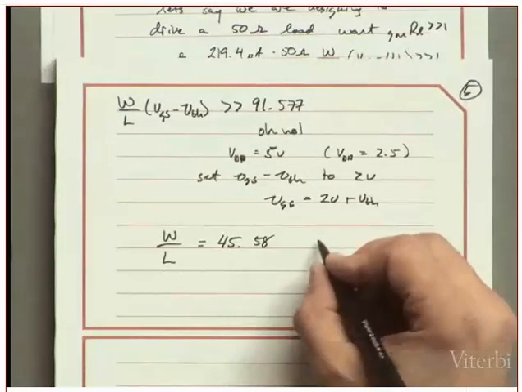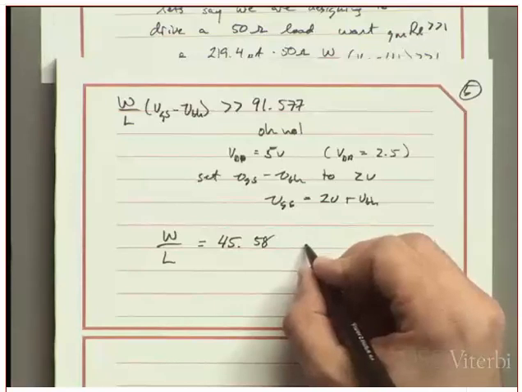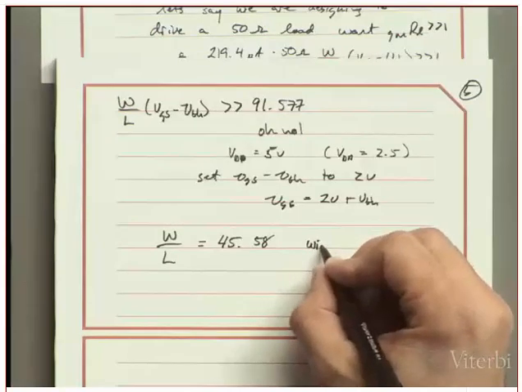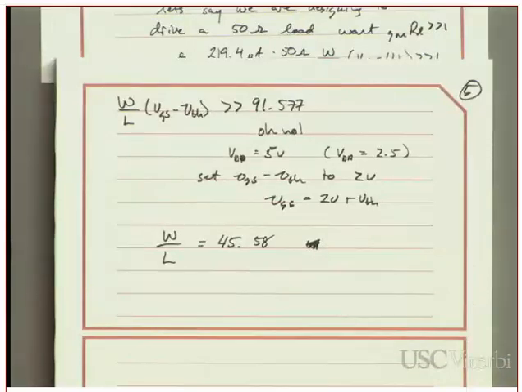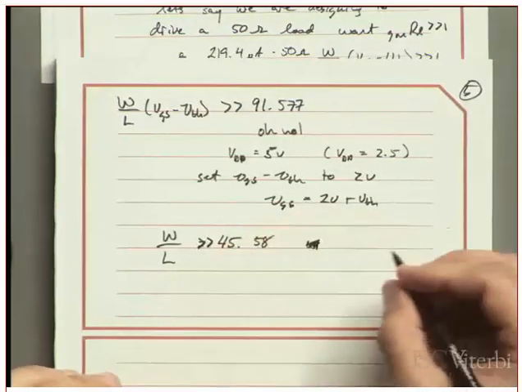So my width has to be about 45 times bigger. Why am I saying times 5? Hold on one second. Oh, it has to be much bigger than this. That's why I'm saying times 5.